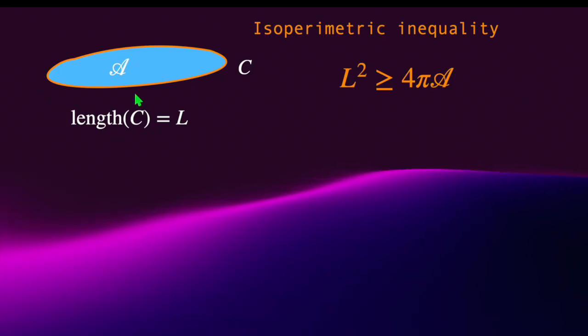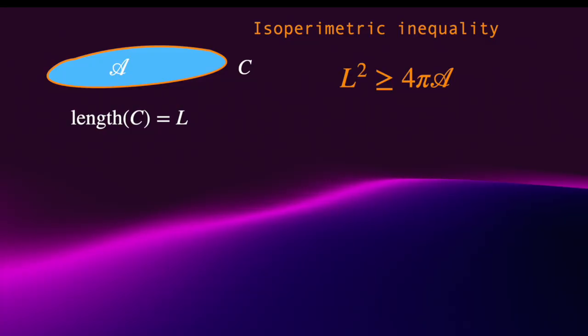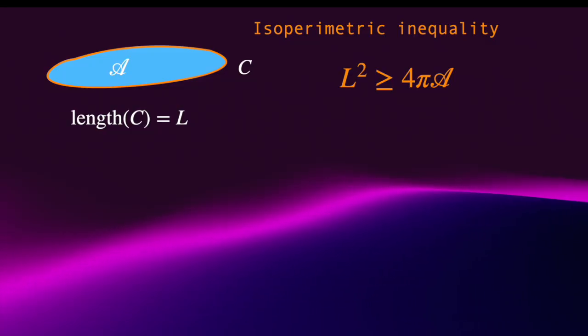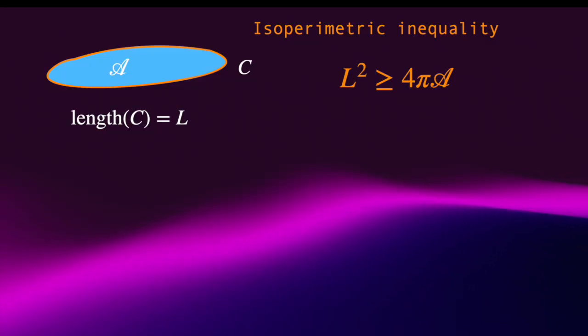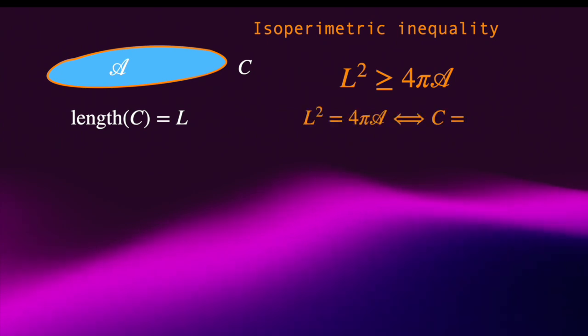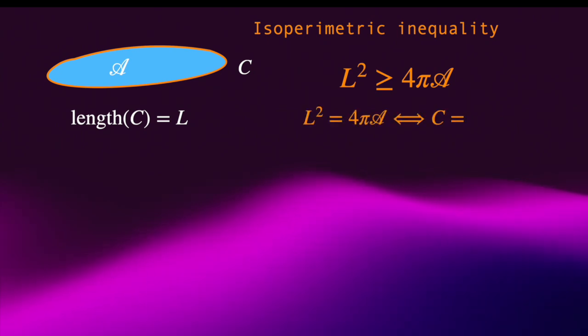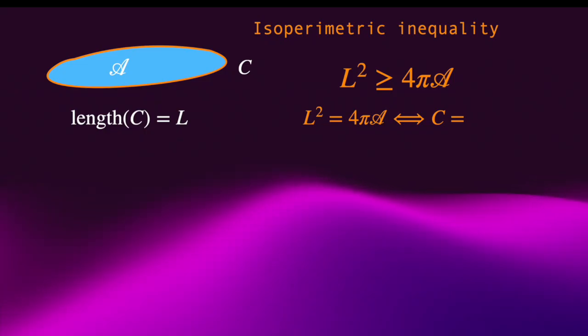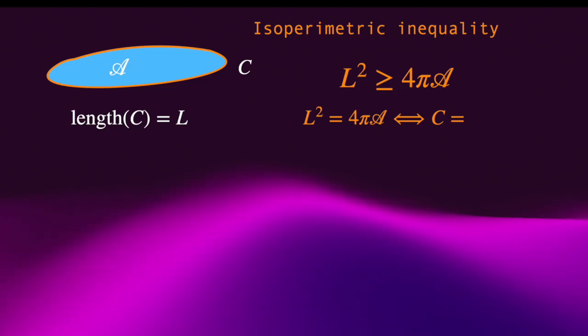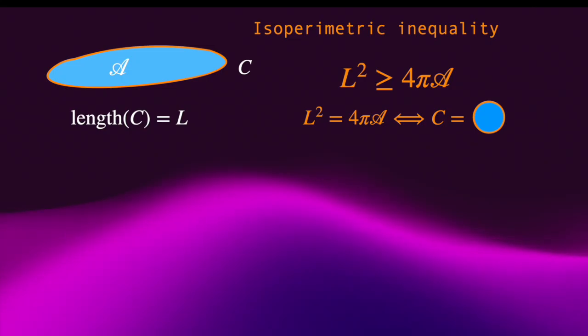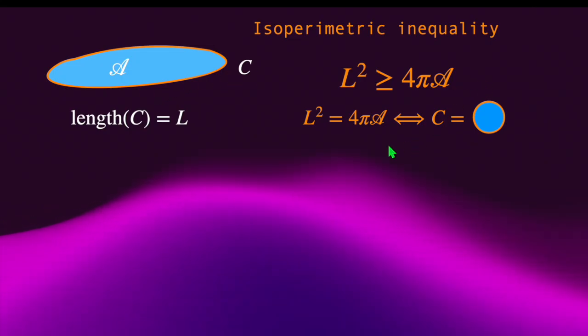It is what is known as the isoperimetric inequality. To give the proof, we will also prove that we have the equality L squared equal to 4 pi A if and only if the curve is a circle. So it's a strong result, and we will go through it.